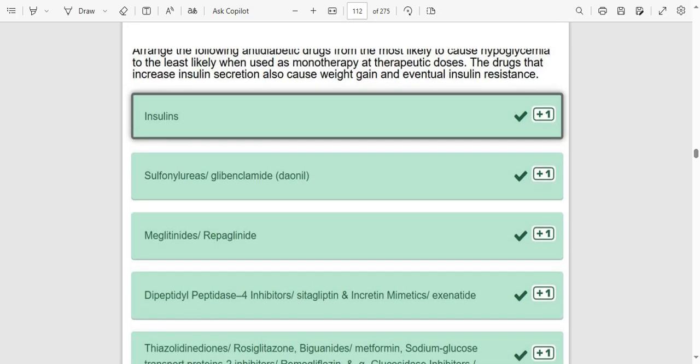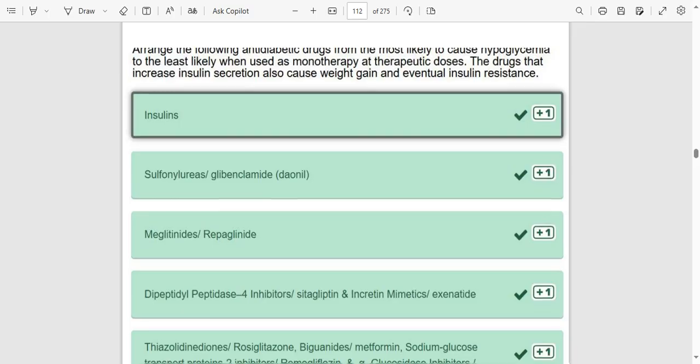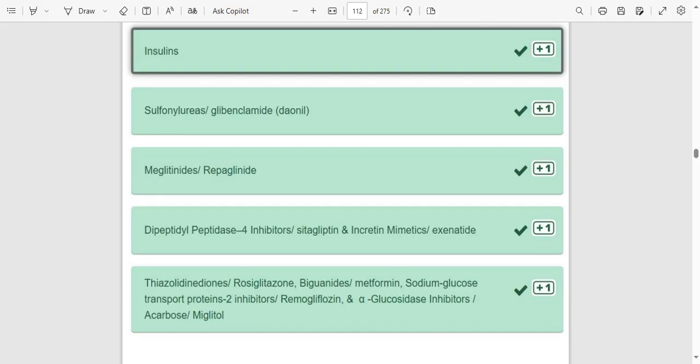The worst when it comes to causing hypoglycemia is insulin itself, followed by sulfonylureas and the meglitinides. We can just remember that the two that work by the same mechanism of action are the worst when it comes to causing hypoglycemia. And then the DPP-4 inhibitors.